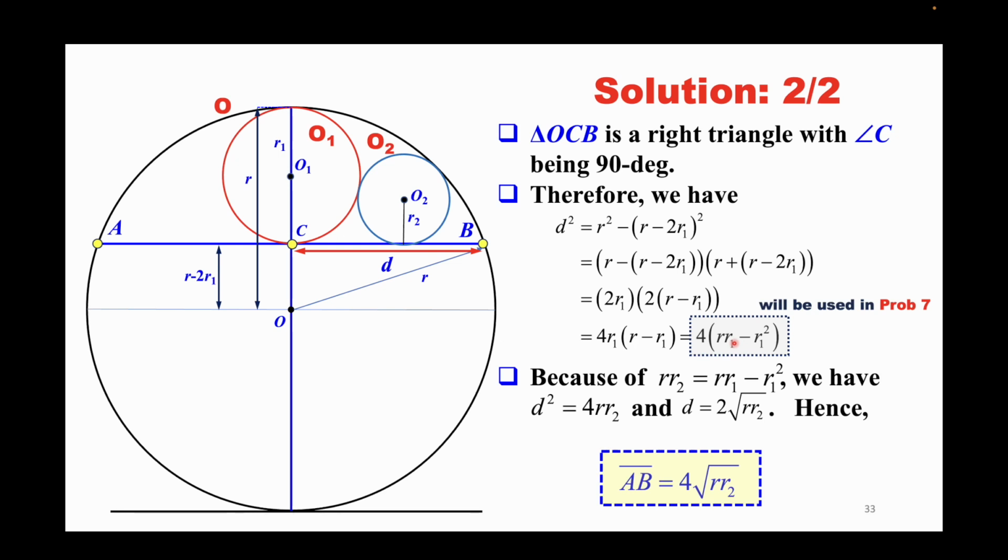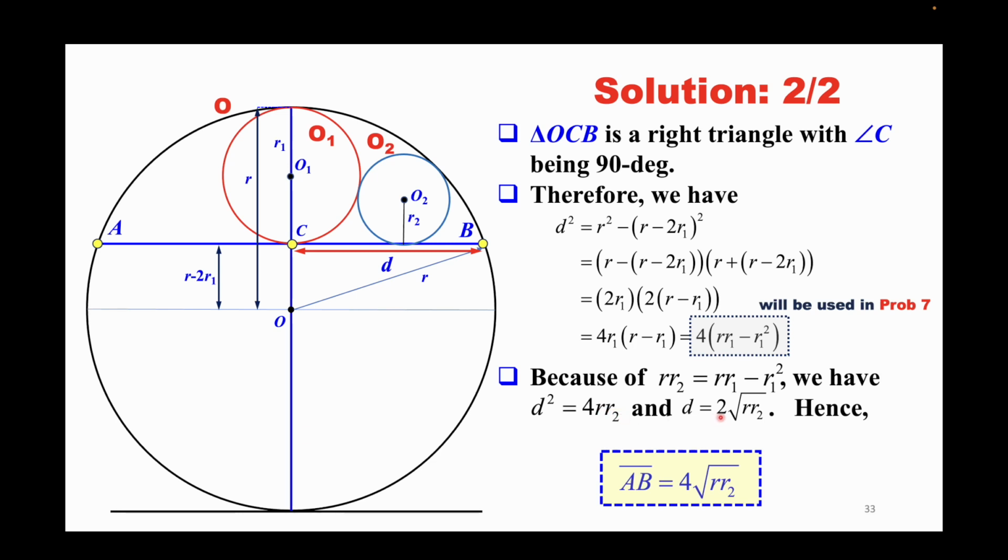which is obtained previously. Now, we know that this term is equal to R, R2. So replacing this term by R, R2, we have D squared being equal to 4 times R, R2.